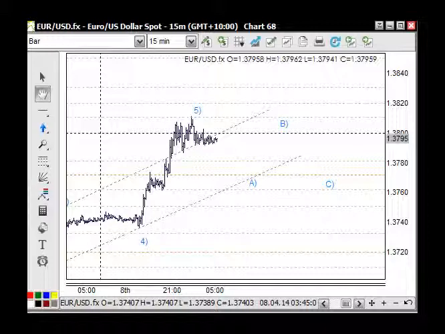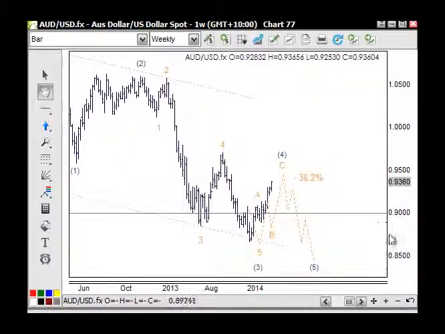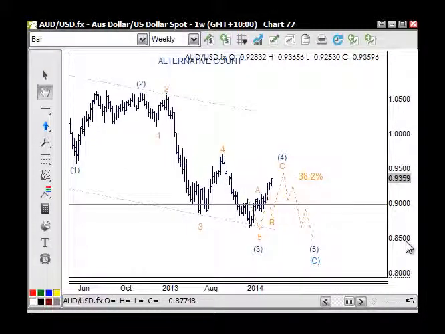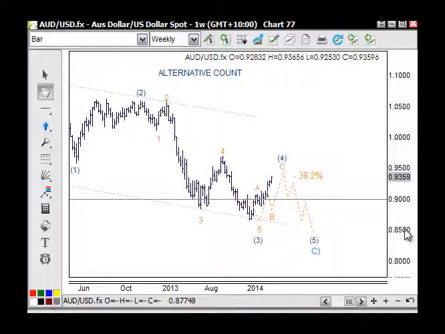The Australian dollar, I'm just going back to the 2 large accounts we have. This is the alternative count here, and the alternative count is basically up for wave 4 here to the 38.2 retracement level, basically where it is now, so to speak.